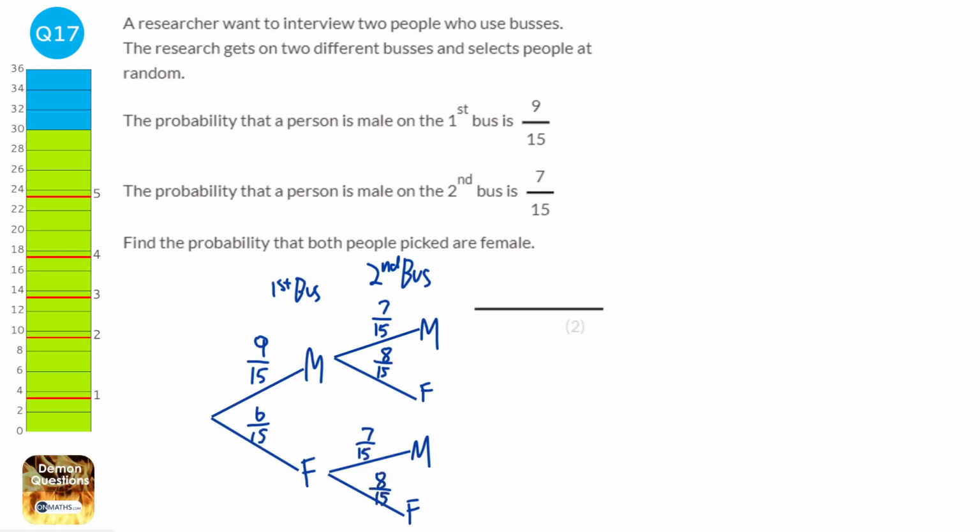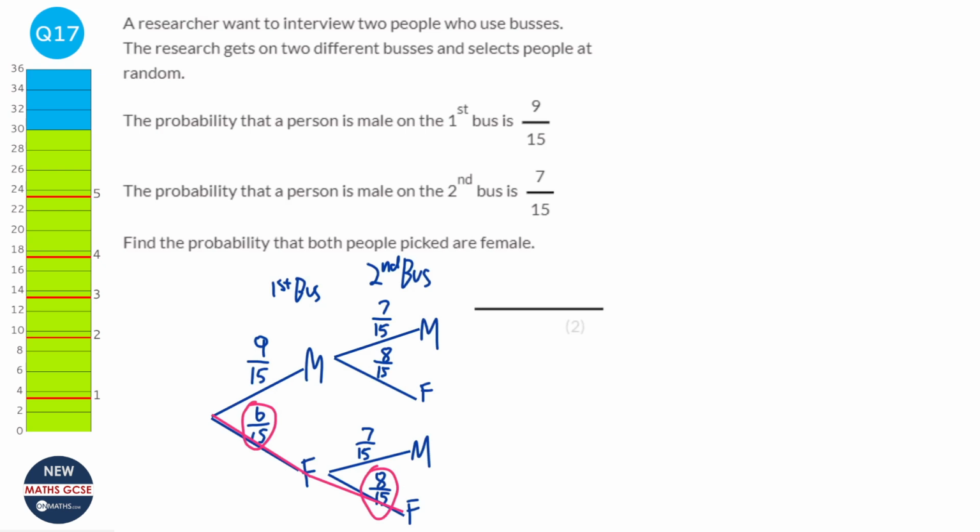And the question is basically asking what is the probability that both will be female. So to have both female, we need to have gone down this line at the start and then this line again. Okay, so looking at the fractions along the way, it's 6/15 and 8/15. The word "and" in probability means times.